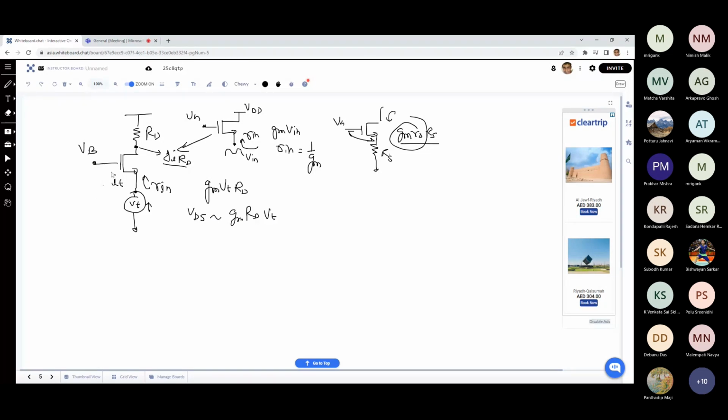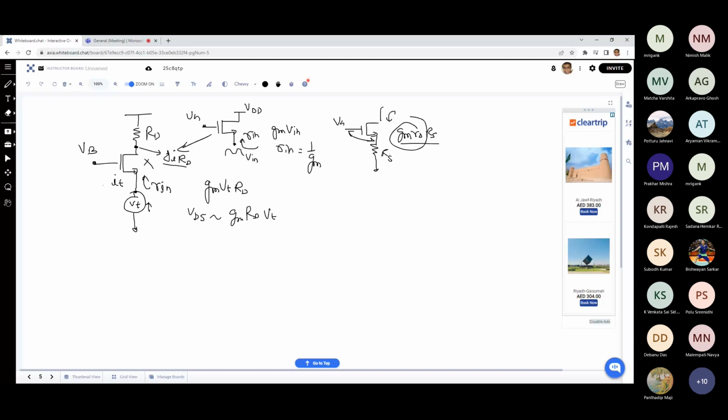So this small signal gate to source voltage is resulting in a large gate to drain voltage. So in this case, I can't easily ignore the channel length modulation. If I ignore the channel length modulation for large RD, it will not give me an accurate result because a small change in VGS is producing a large change in VDS. So that conceptually should tell you why ignoring lambda in this scenario is not going to be a good strategy. Is that clear?